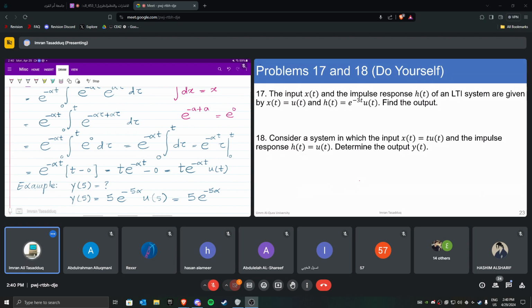Find the output. So you can do that. I leave it for you to try yourself at home. Similarly, problem number 18, that also you can do yourself.